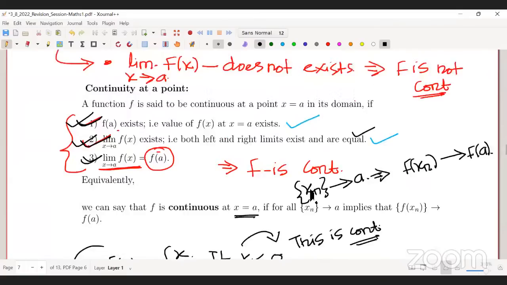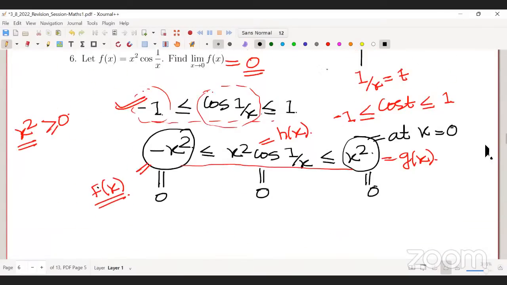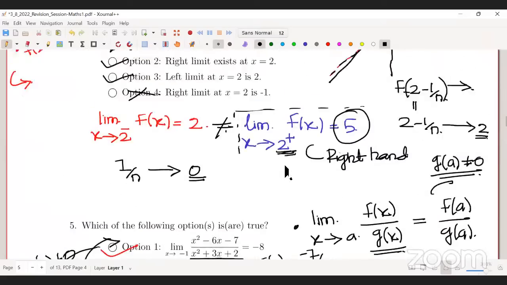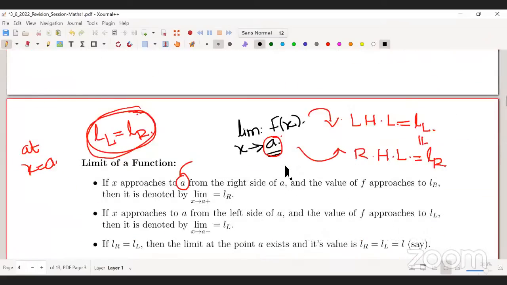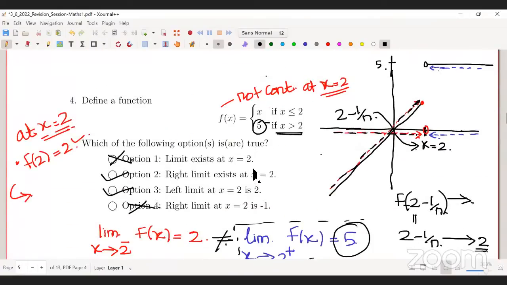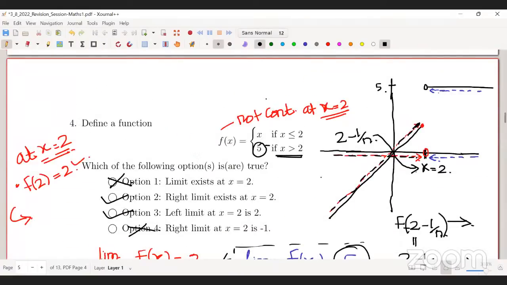Let me just slightly tell you. Please mute yourself. This function, I have already explained, is not continuous at x equal to 2, right? Yes, sir.